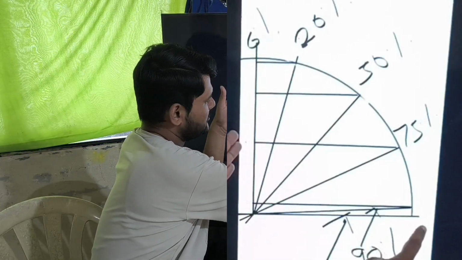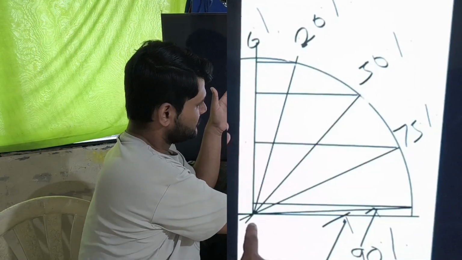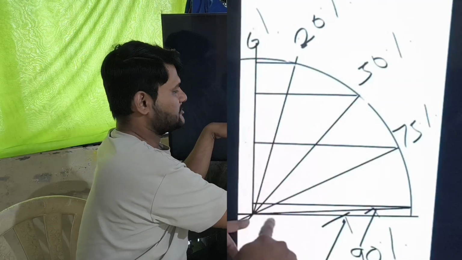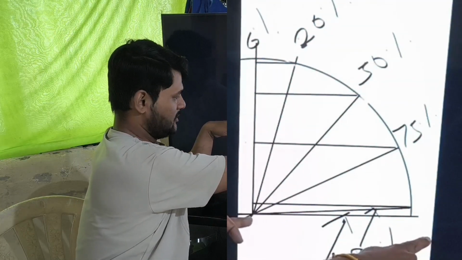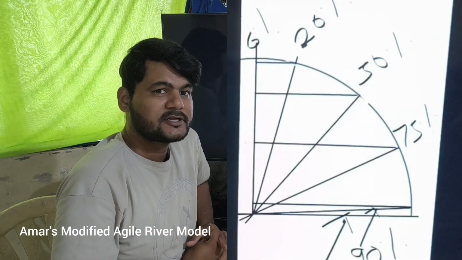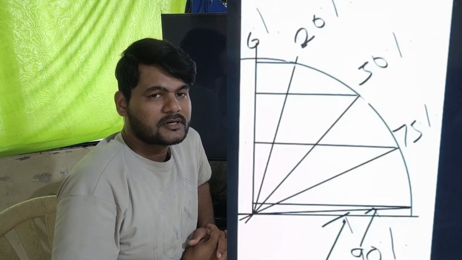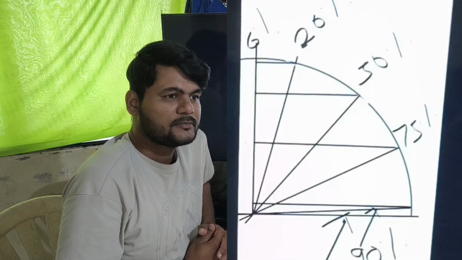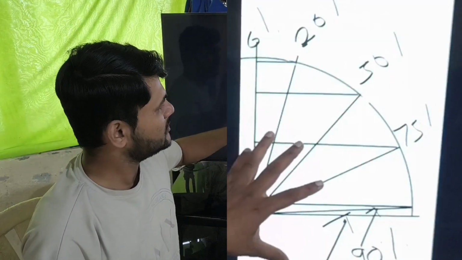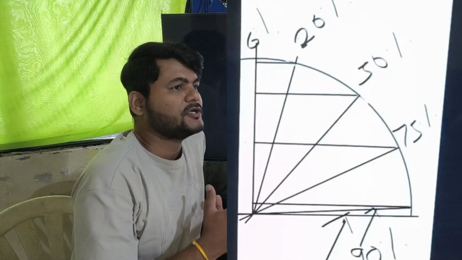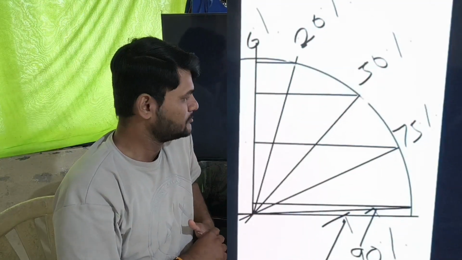When you travel through the space flow axis, then time will stop for you, and where there is no gravity, then time will flow at the maximum possible speed. In my research paper, Amar's Modified Agile River Model theory, this is how I have proved that singularity doesn't exist. This theory was the final conclusion of that research paper, but I started from the flow of space like a river.